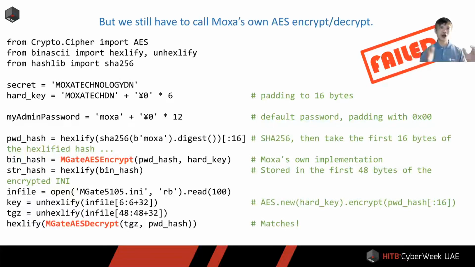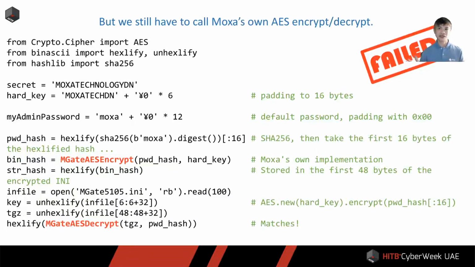Then you use the hard-coded key to AES encrypt it. Then you get a binary. So that matches our observation in the very beginning of the MGate5105.ini file, the database dump file.